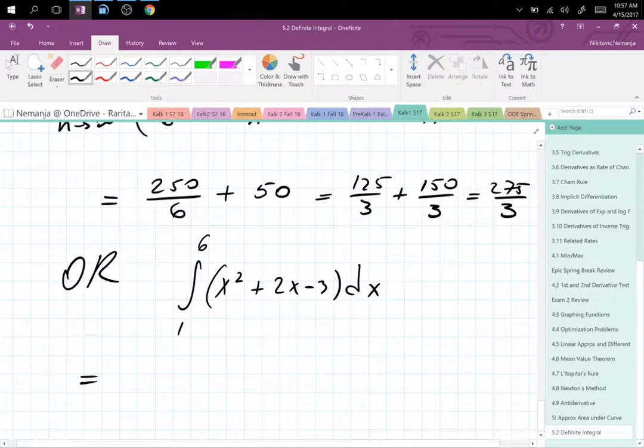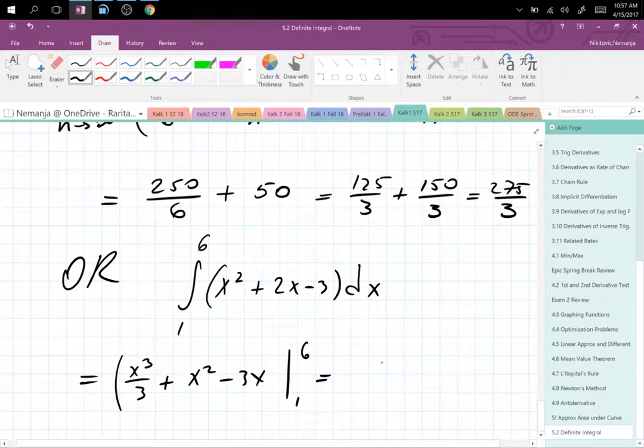So that's going to be x cubed over 3 plus x squared minus 3x from 1 to 6. We plug in 6 first, so that's 72 plus 36 minus 18, minus 1/3 minus 1 plus 3.